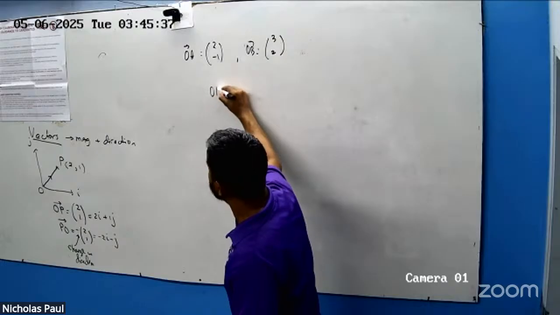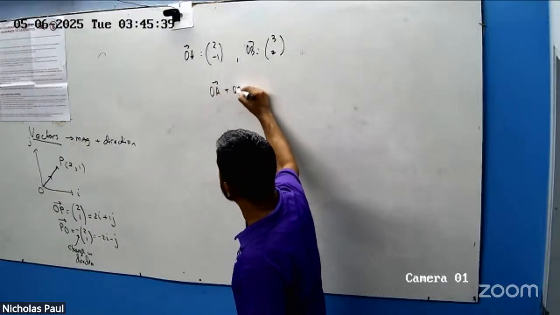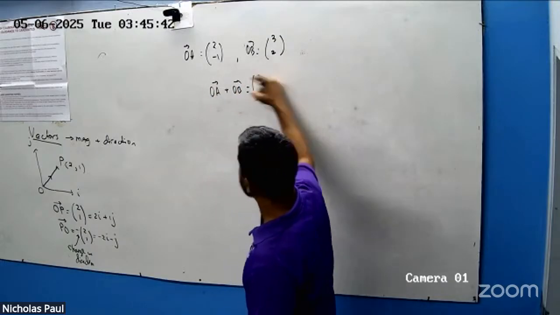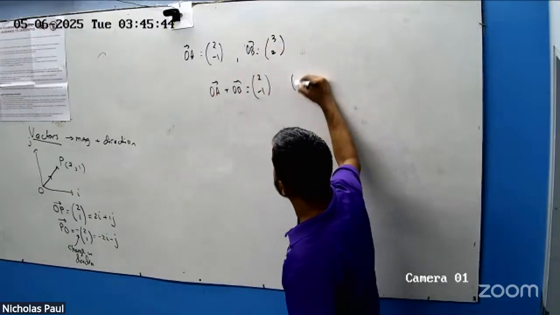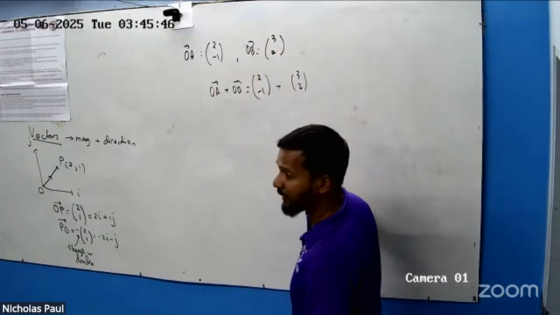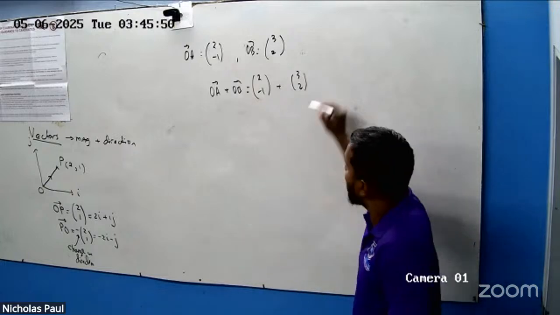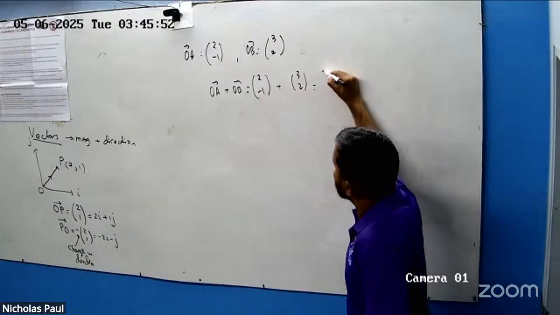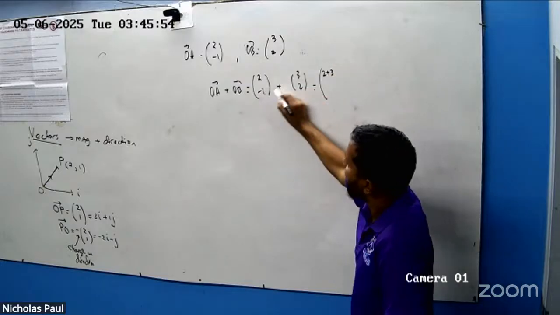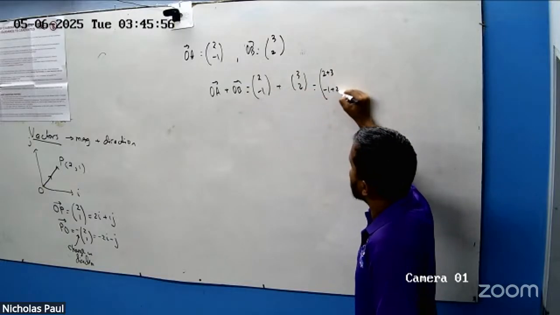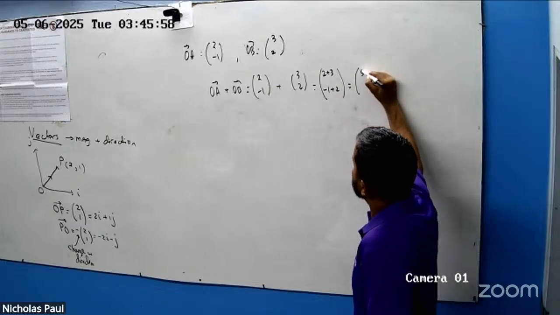If I said OA plus OB, you write in (2, -1), you write in (3, 2), and you add everything. Here's how easy it is: add the x, add the y. Add the x, so you'll get 2 plus 3, add the y, you'll get minus 1 plus 2. So your answer is (5, 1).